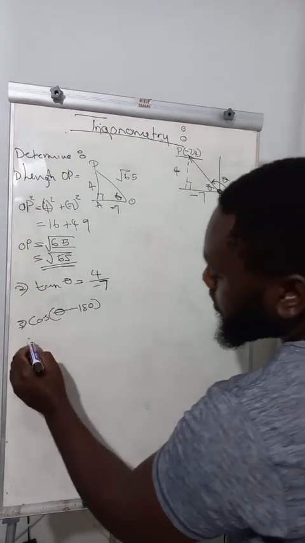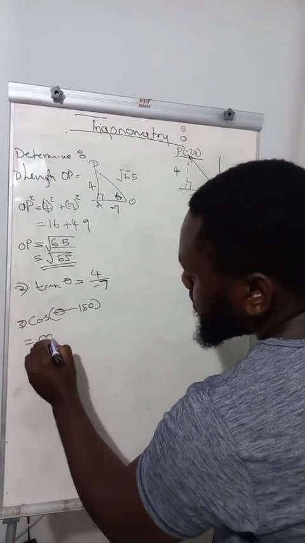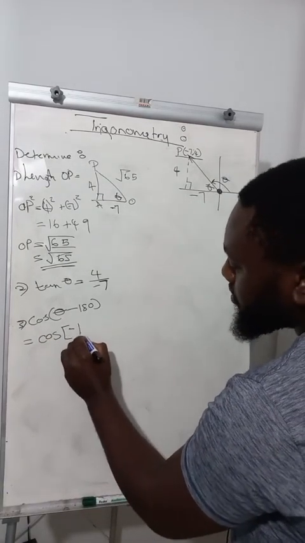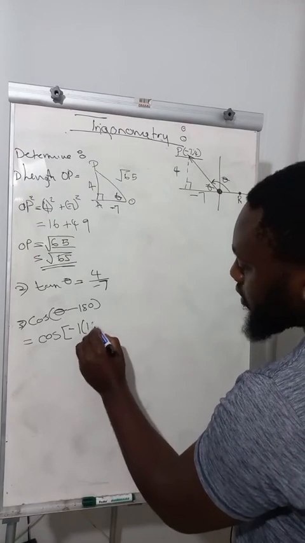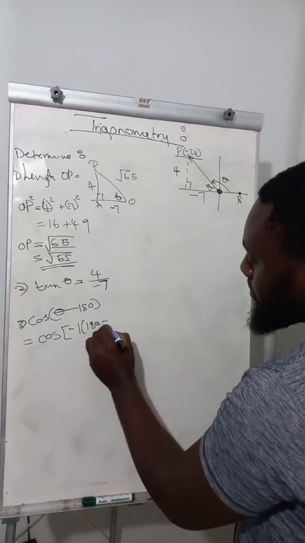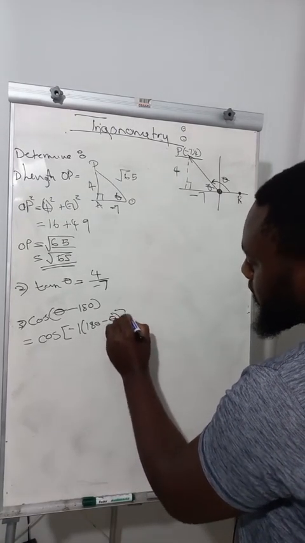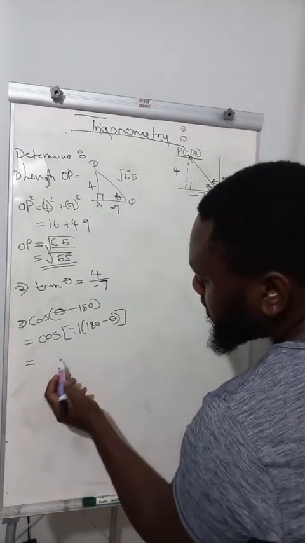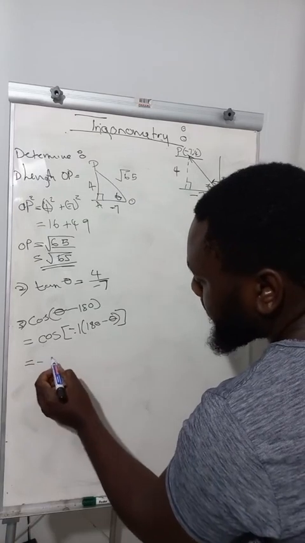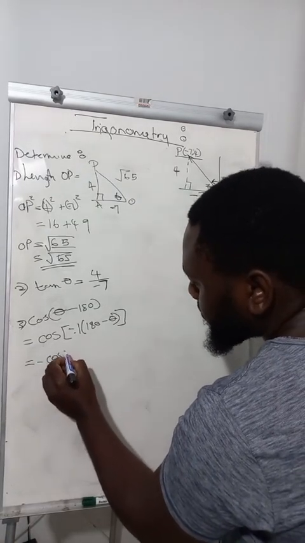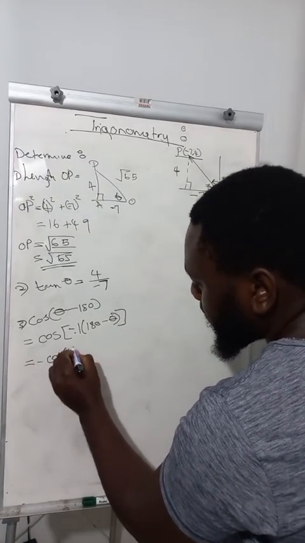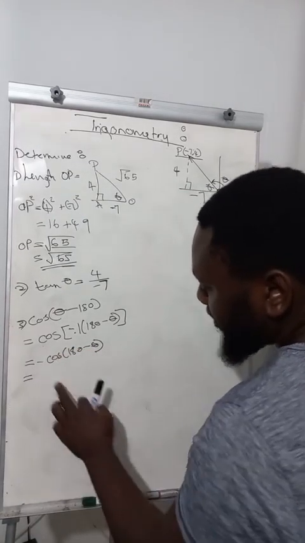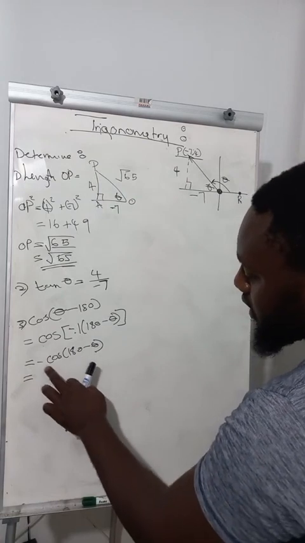You first need to remove -1 as a common factor, and then you'll have 180 minus theta. The negative will just come outside, and you say cos(180 minus theta).